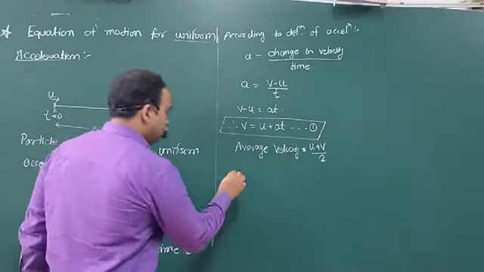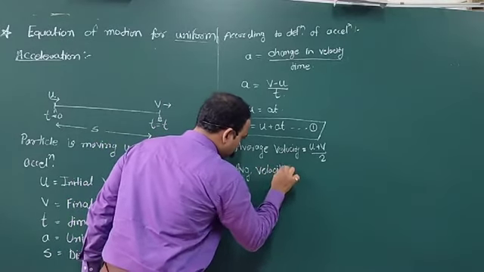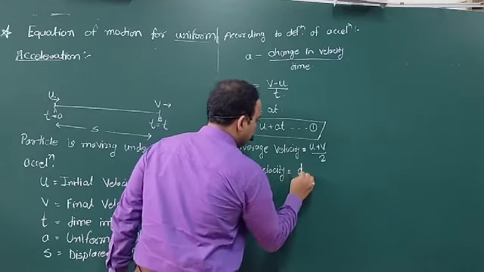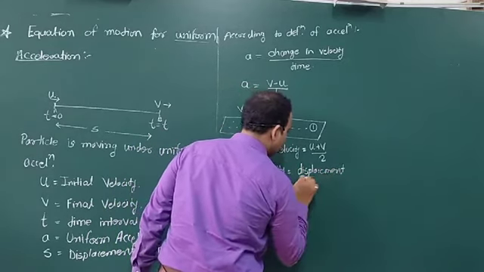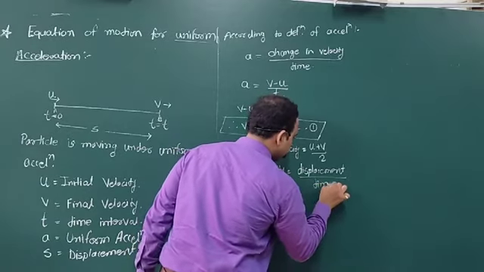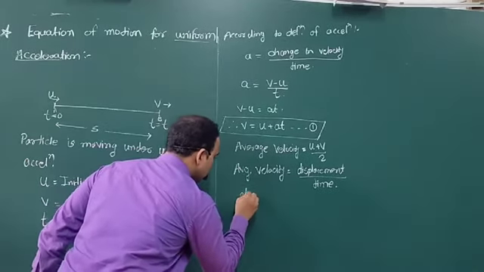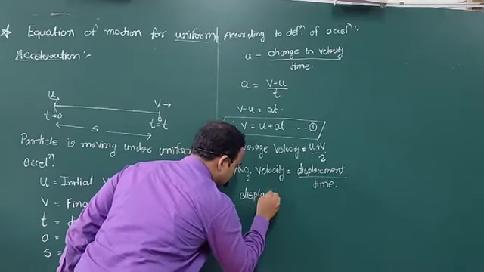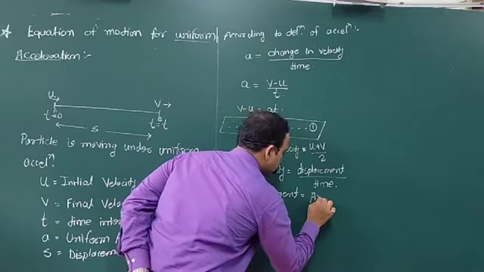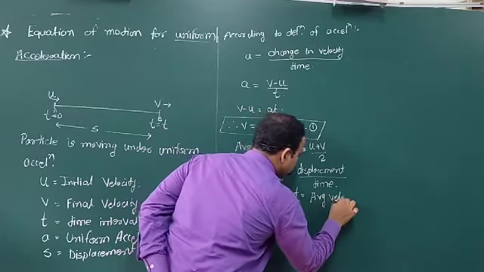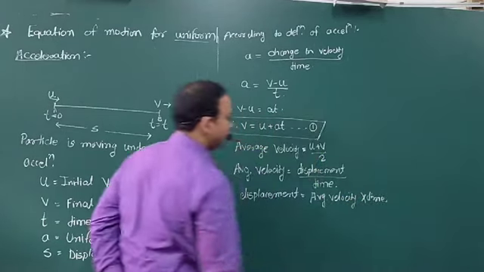But we know that the formula for average velocity is displacement equal to average velocity into time.